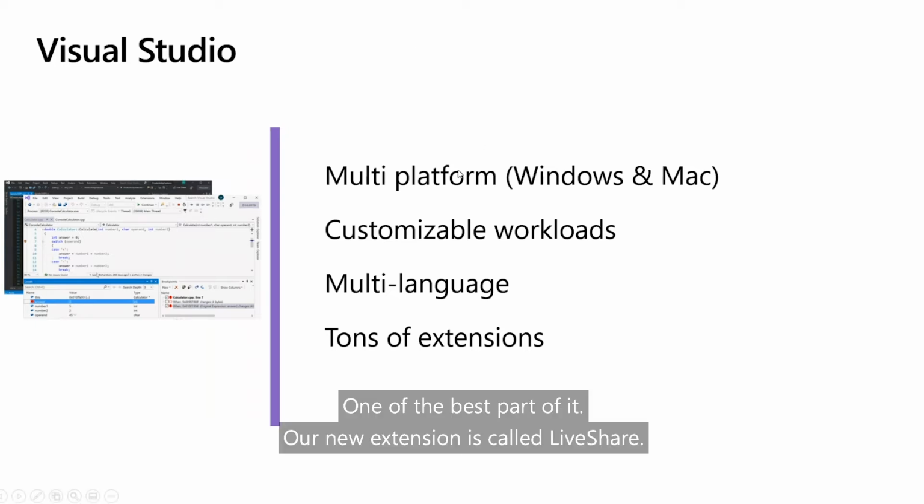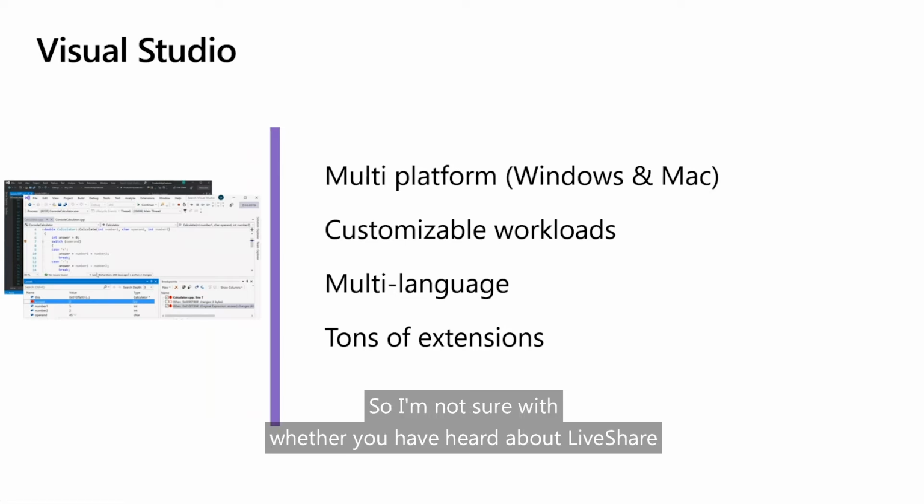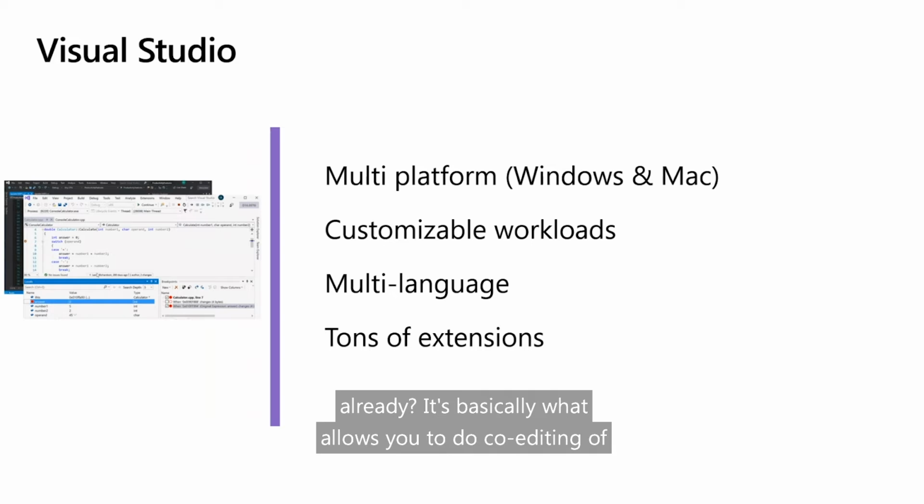One of the best parts of it, or a new extension, is called Live Share. I'm not sure whether you have heard about Live Share already. It's basically what allows you to do co-editing of code with another user. So imagine that you are doing pair programming, and your partner is sitting somewhere else in another office.